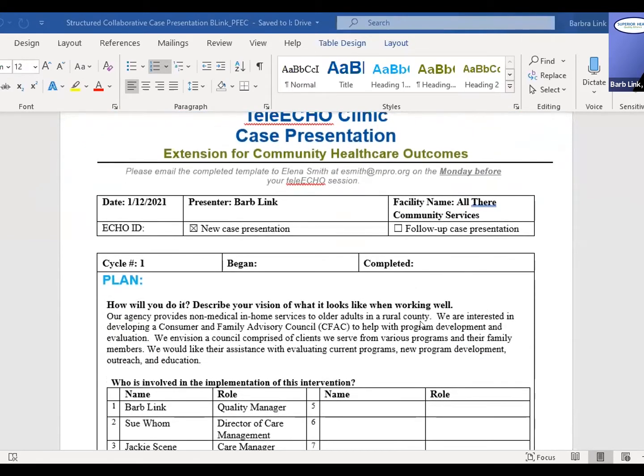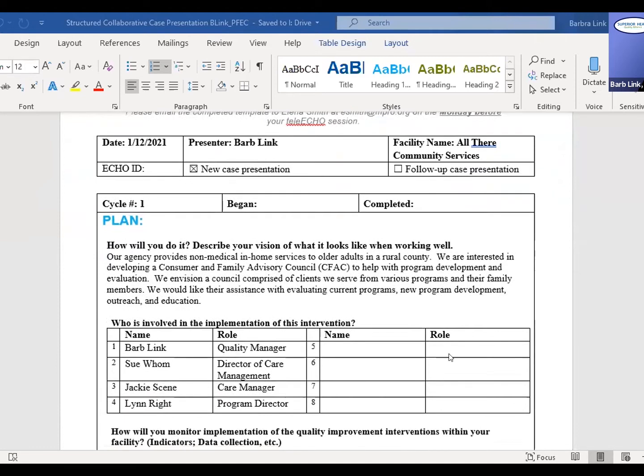So yes, I am going to be playing the role of Barb, Quality Manager at Allied Community Services. And what we're looking at is that our agency provides non-medical in-home services to older adults in a rural setting.